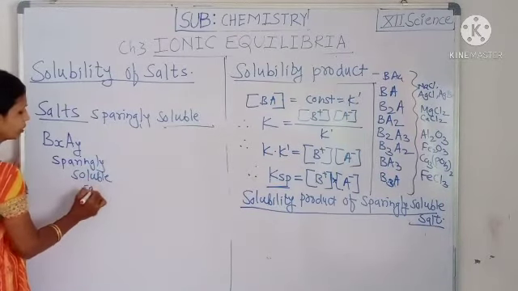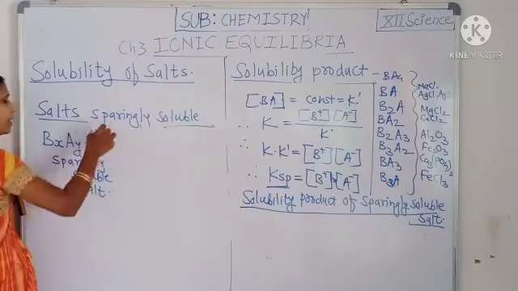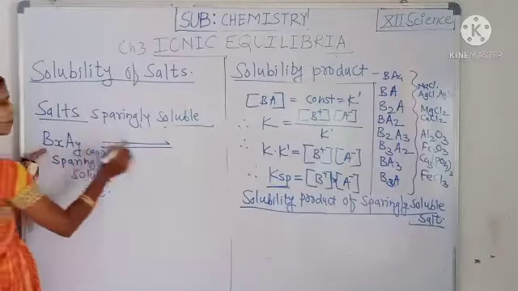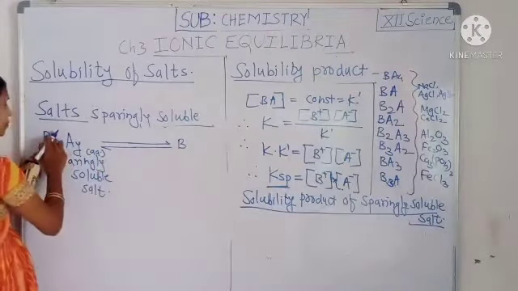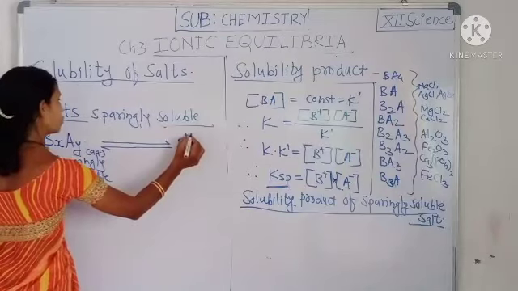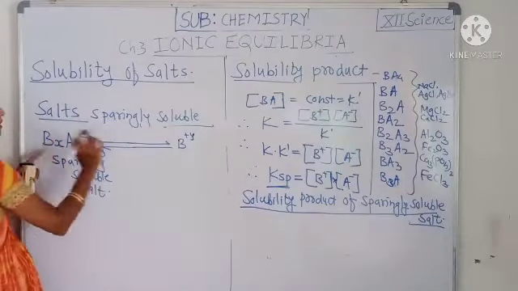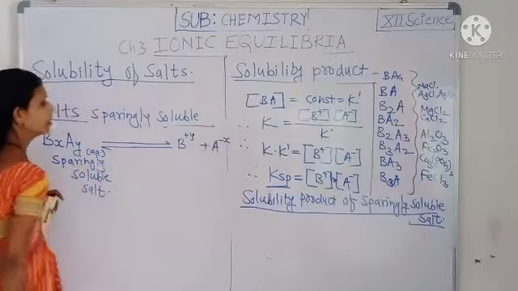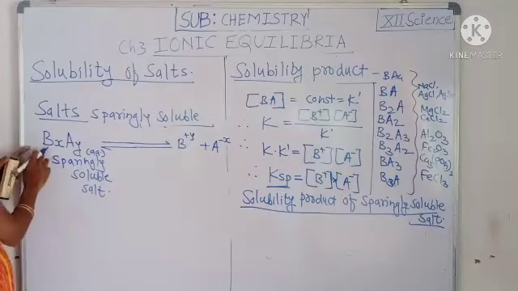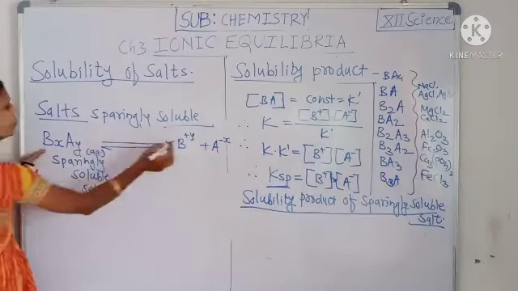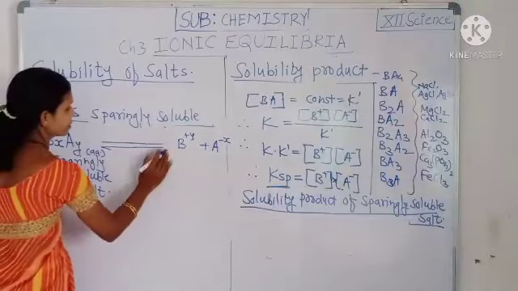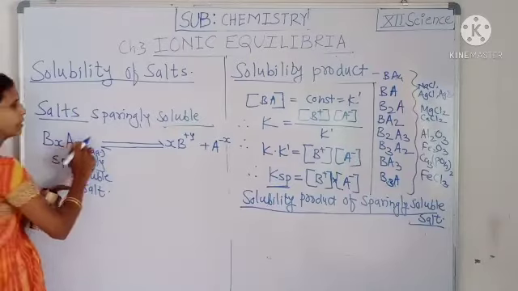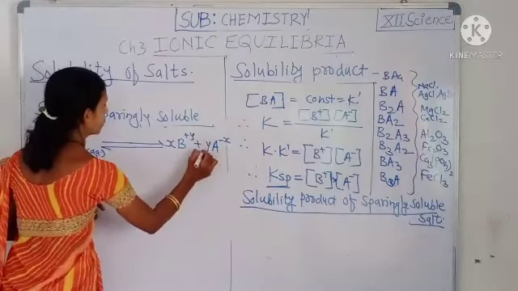A sparingly soluble salt dissolved in water dissociates to give B to the power y plus ions and A to the power x minus ions. The total number of B ions is x, and the total number of A ions is y.